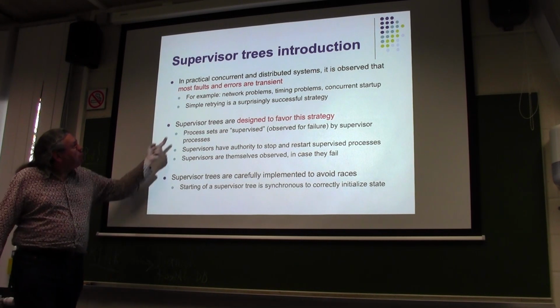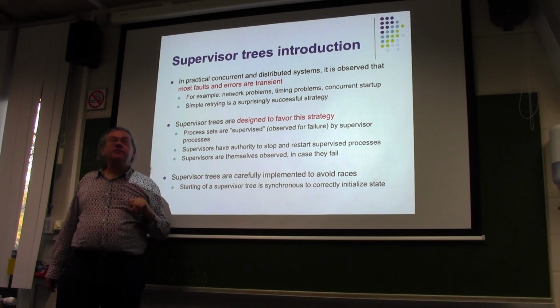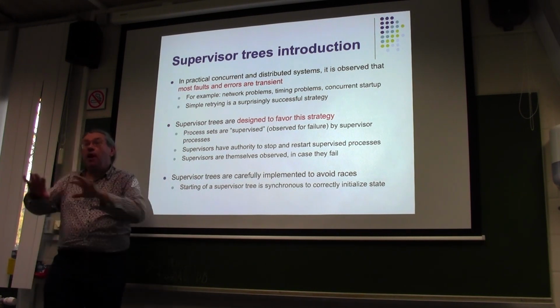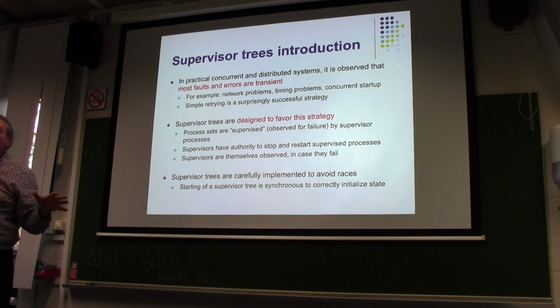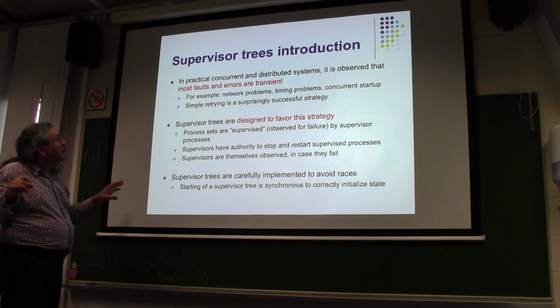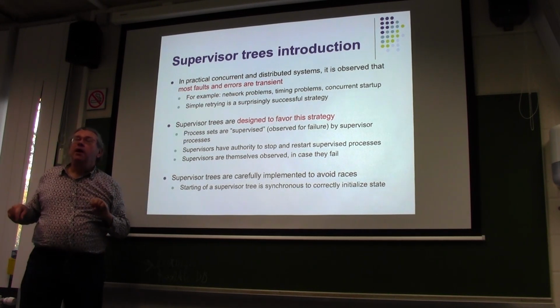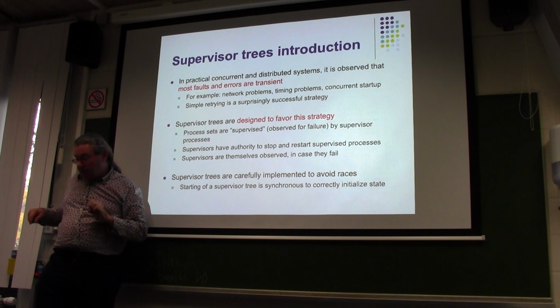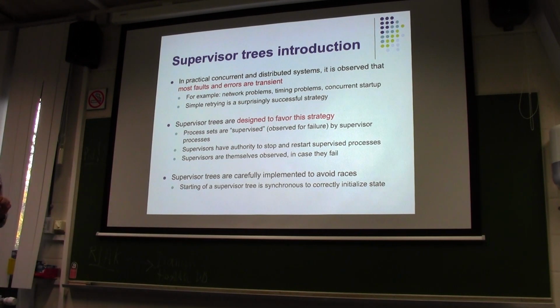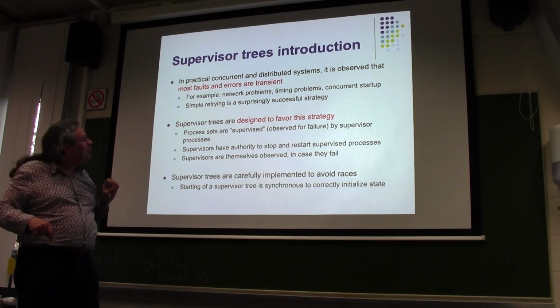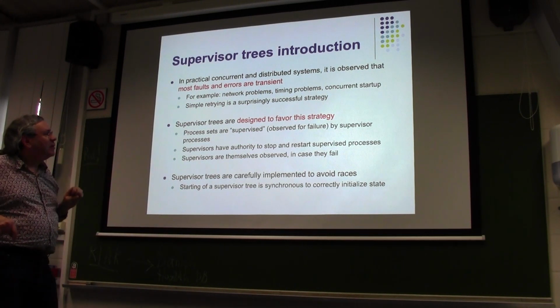So simply retrying is a successful strategy. The supervisor can do anything, but actually, it's designed to start by just doing a simple retry. And that already solves a lot of problems, okay? So supervisor trees are designed to favor simple retrying.